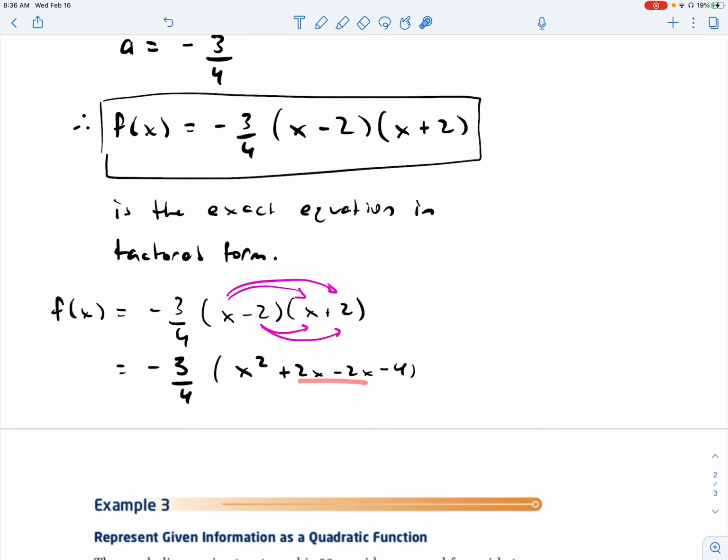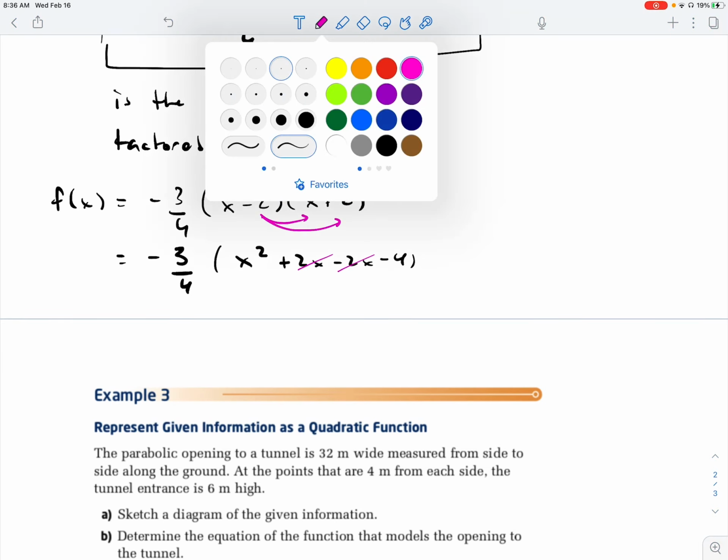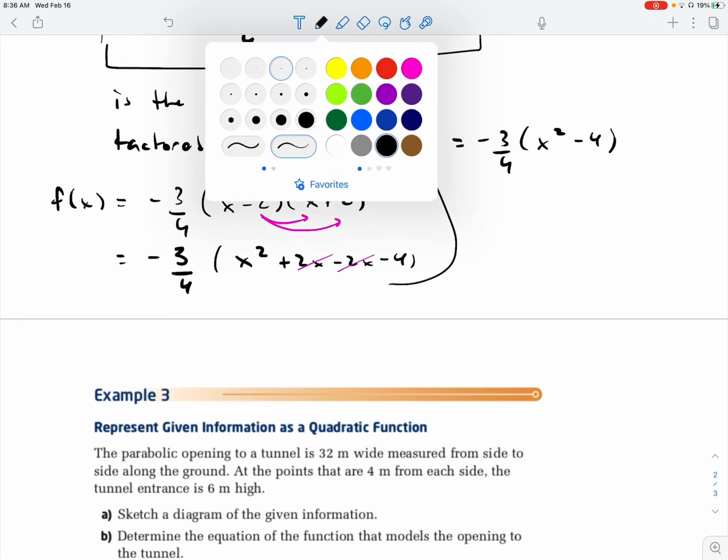The middle terms cancel, so you might have recognized that. I'm just going to show the cancellation of those two. And then finishing this up over here, we would have negative 3 over 4 times x squared minus 4. And now I can distribute this part in.